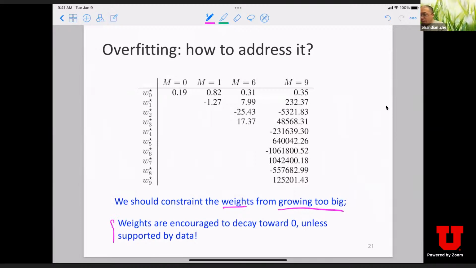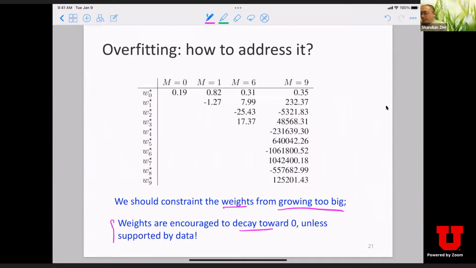In our learning, we hope that the weights are encouraged to decay towards zero, unless the weights are supported by the data. In other words, if the data says this weight should be non-zero, we estimate it with a data-driven method.